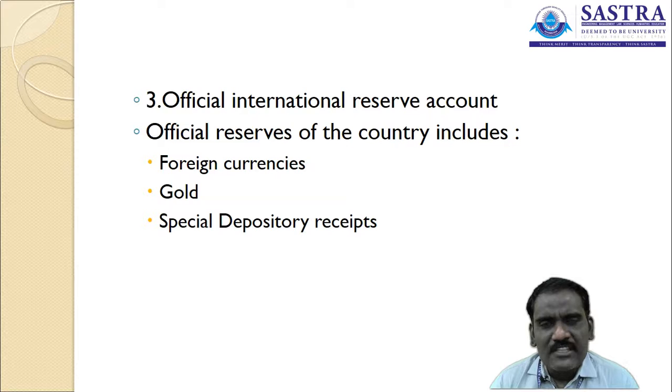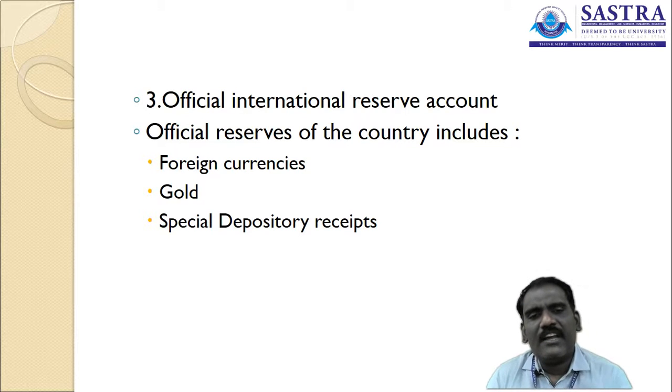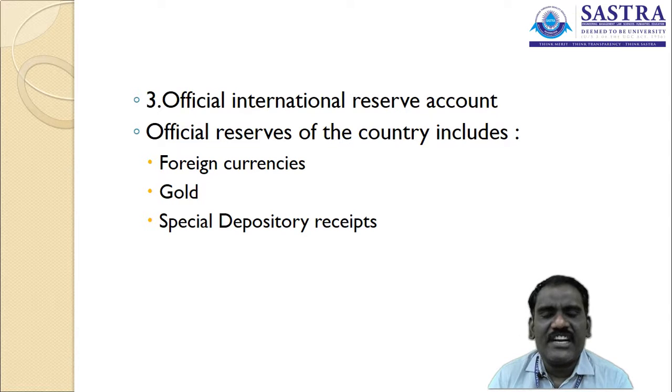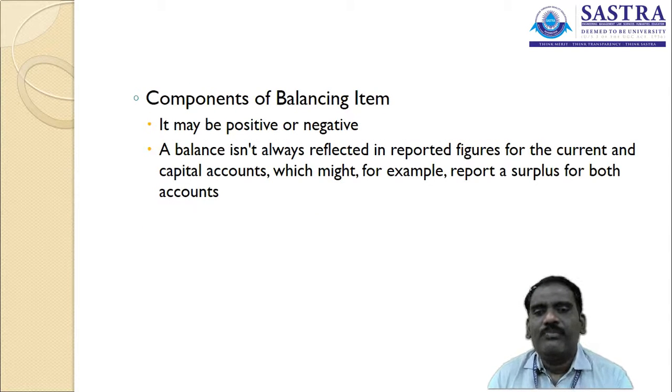Likewise, in India, companies that want to make investment need to pay in terms of IDR, Indian Depository Receipt. The depository receipt is a deferred payment system. We are going to make investment into the companies which are located in the foreign country. So these things are together included in the official international reserve account.